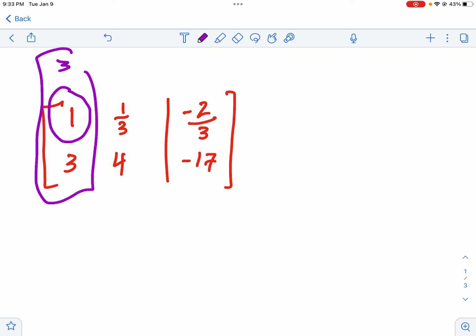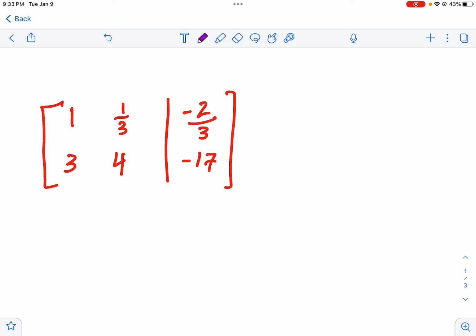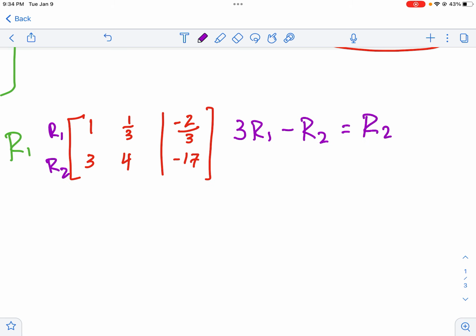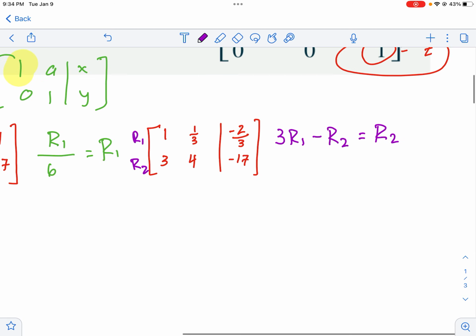So that is the idea. You can multiply R1 by 3 or -3, your choice. I'm going to multiply it by 3, and then subtract it from R2. Again, this is R1, and I'm going to keep the result in R2. I'm going to replace R2 with it. Okay, so I get this.